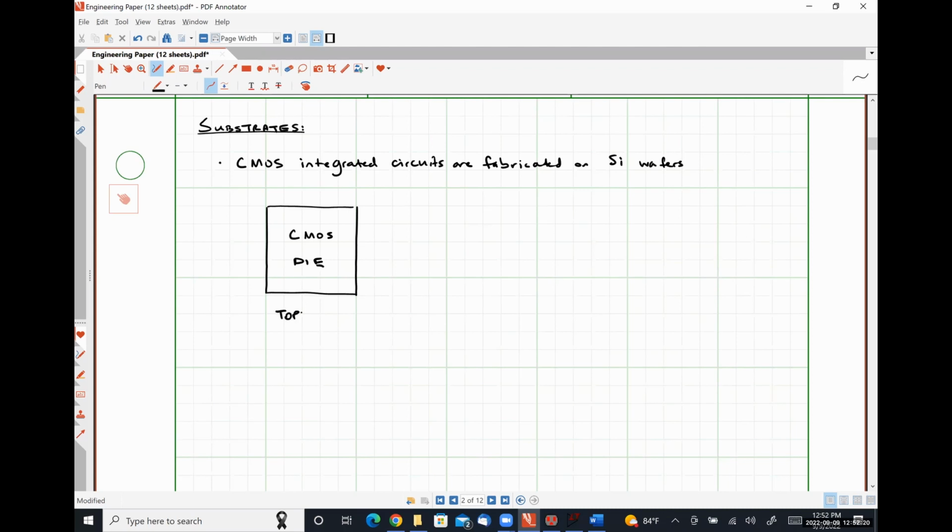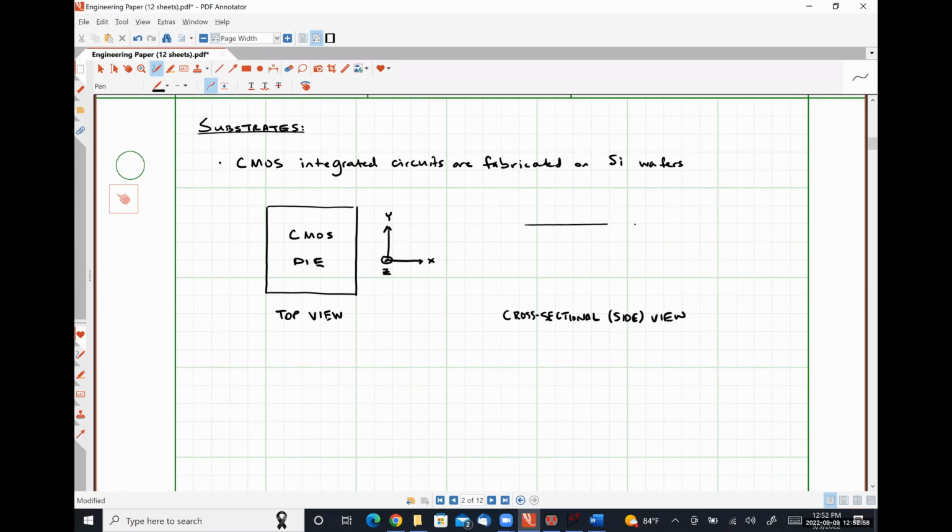And this is our top view. And then this is our local coordinate system. So here is the Y direction. Here is the X direction. And then the Z direction is oriented orthogonal out of the surface of the die. And then we have our cross-sectional view or side view.